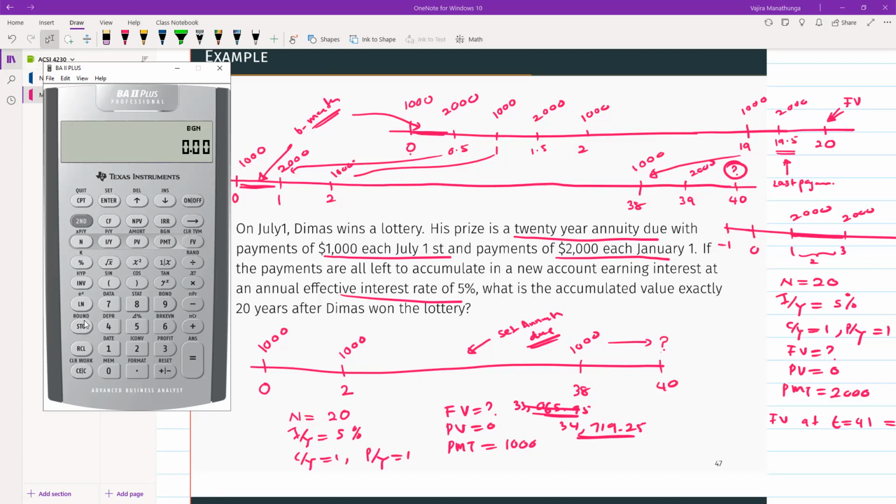I have again 20 for N, 5 for I/Y, and 1 for the others. Then 0 for present value, 2,000 for payment, and compute future value. 69,438.